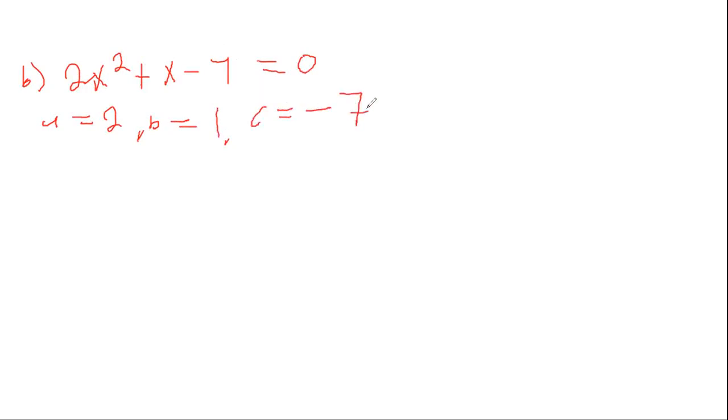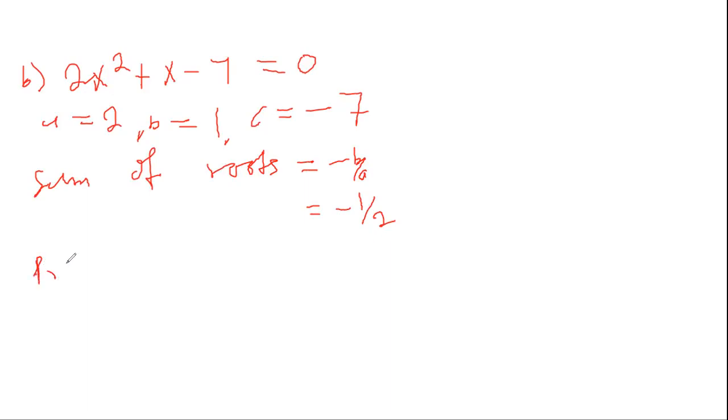So what we do is we are going to say sum of roots is equal to negative b over a, which is equal to negative 1 divided by 2.